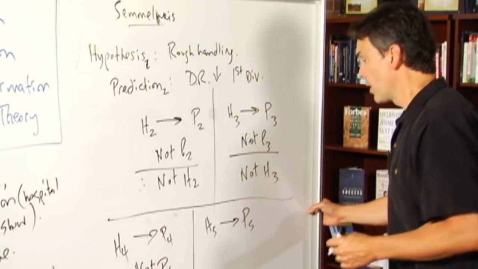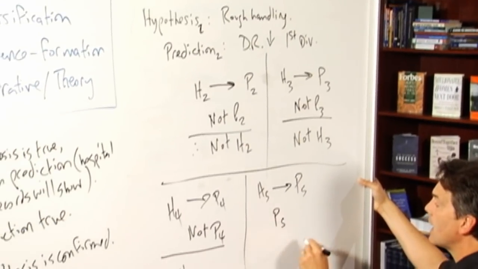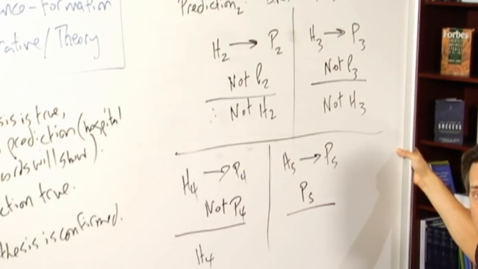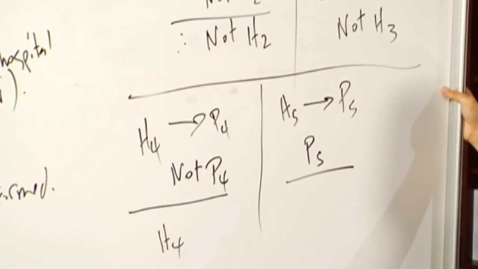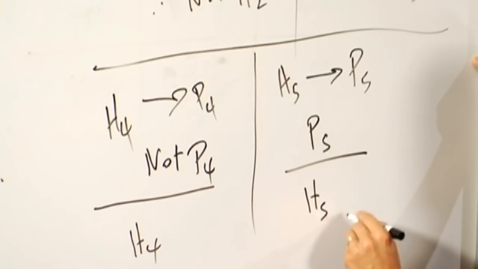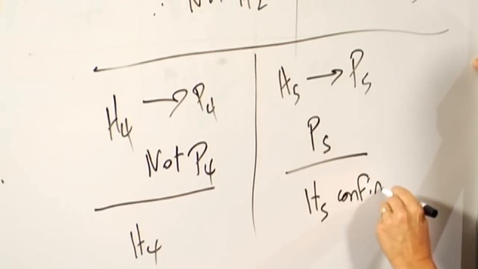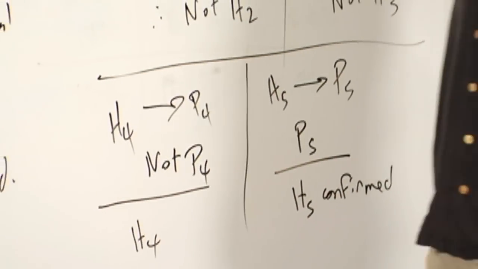That's the prediction that we are hoping for. So we run that set of experiments, and it turns out that the death rate in the first division does go down significantly as a result of the new hygiene regime. And so we're now in a position to say that H5, the hypothesis that it's cadaveric material, is confirmed.